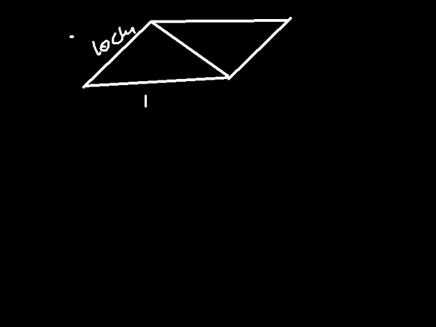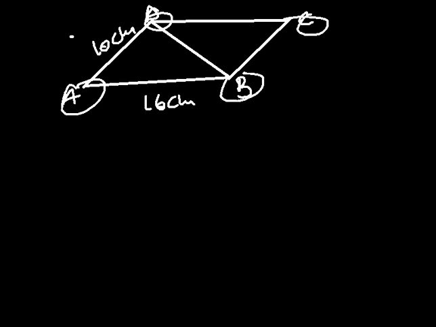Let's say that is 16 centimeters, like that. You have this is A, this is D, B, let's say this is C. So in this case, assuming that ABCD is a parallelogram, then this side is parallel to this side, and likewise for the others, because it is a parallelogram.